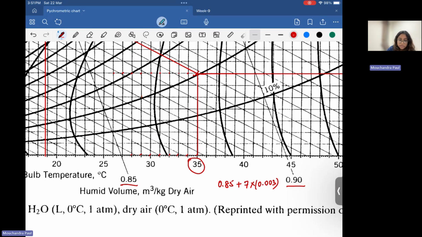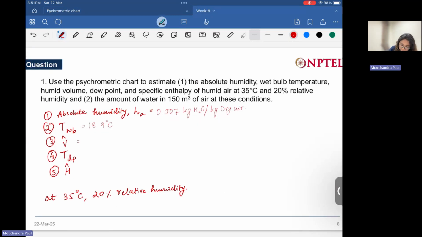And you should get 0.871 approx. So this is an approx value. Okay. So that's your 0.871 meter cube per kg dry air.